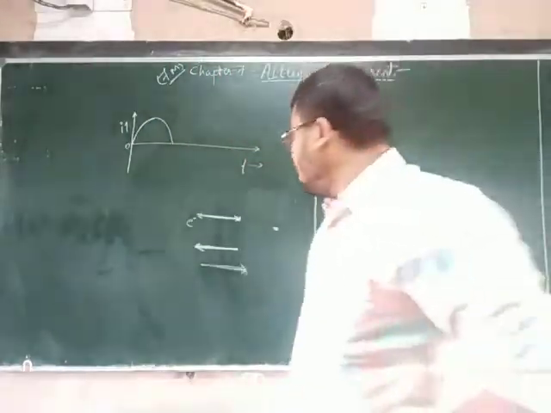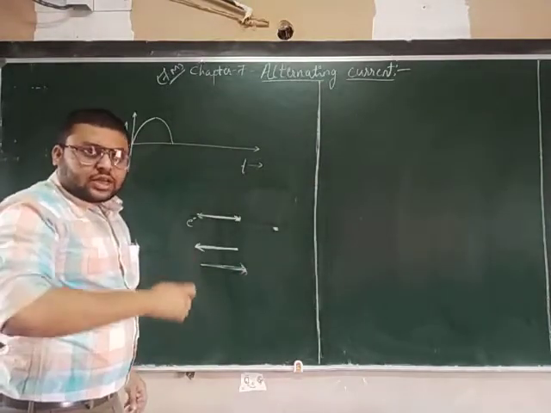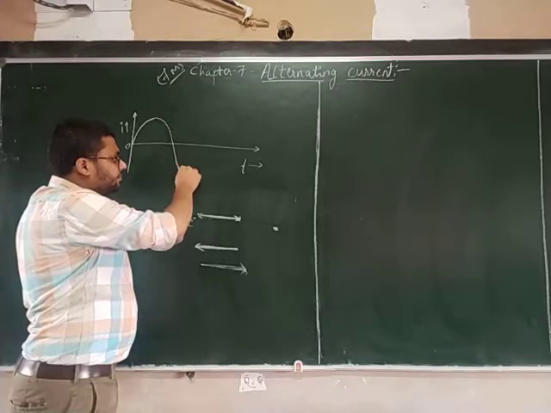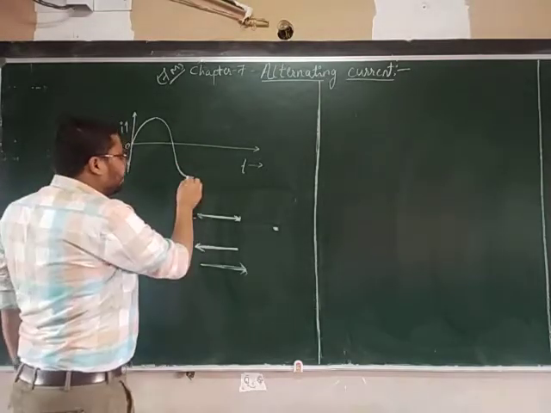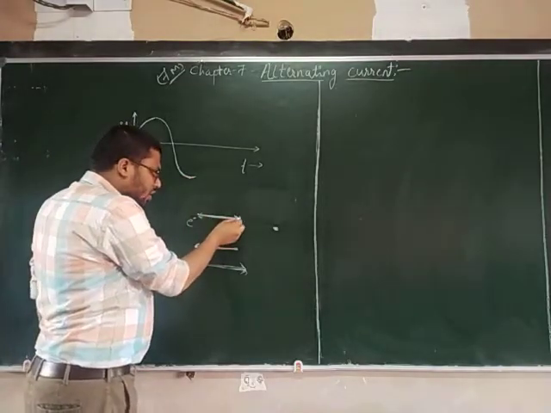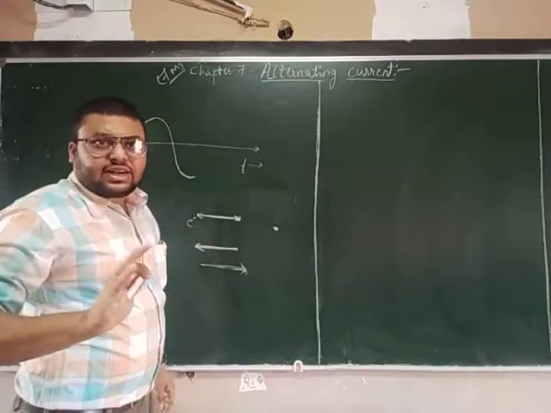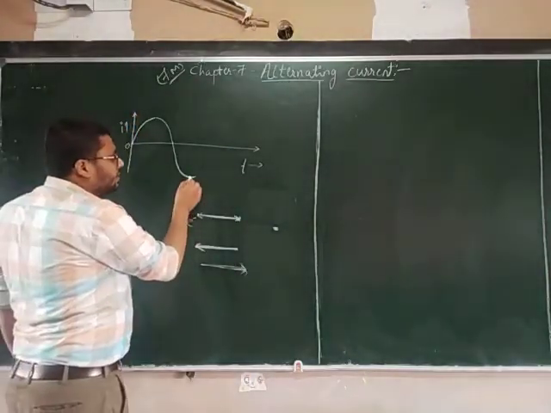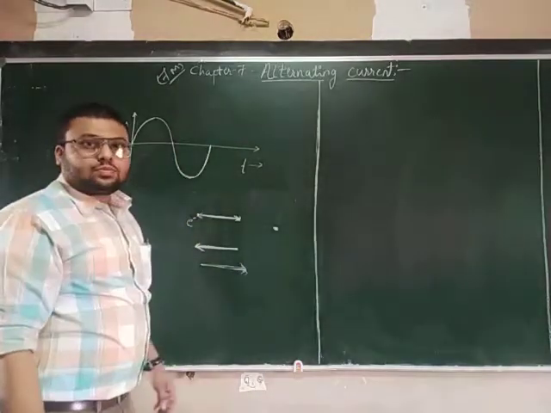Whenever the current has come in the opposite direction, here also the current increases gradually. And then when the electron reaches its original position, again it will stay at rest for a fraction of a second. At that time, the maximum current will reduce to zero.